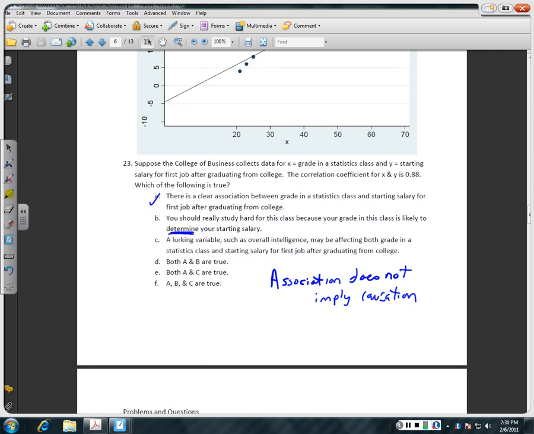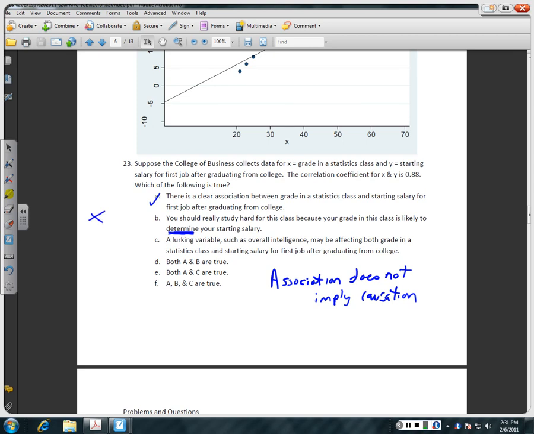So when you see words like determine or cause, you should be very suspicious, doubtful. I would just say in statistics, saying determine or cause, certainly based on one set of data, would be a bit much. So not B.